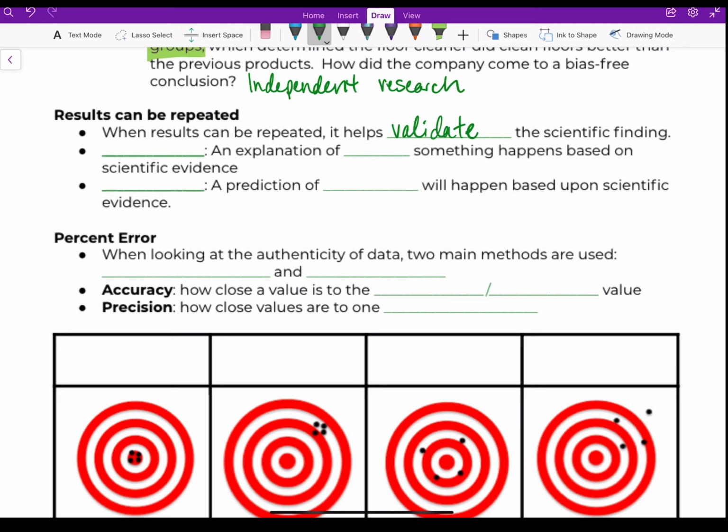So now let's talk about scientific theories and laws. So a scientific theory is different than saying in normal speak, oh, I have a theory about that, because a scientific theory is something that has been validated multiple times from scientific evidence from multiple resources. So when we say a scientific theory, we are talking about an explanation of why something happens based upon scientific evidence.